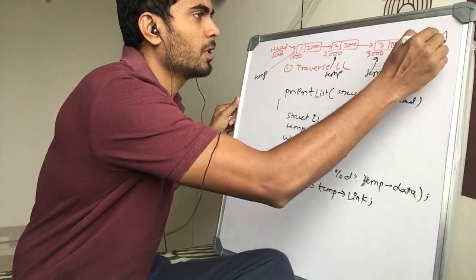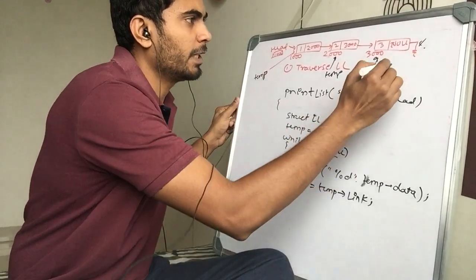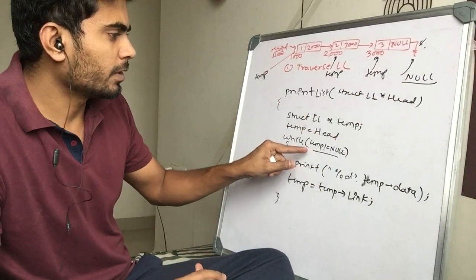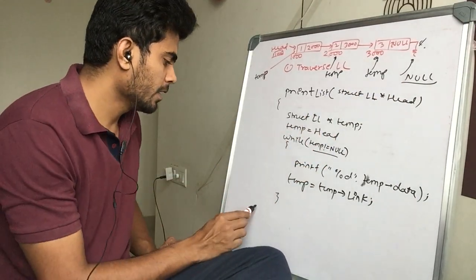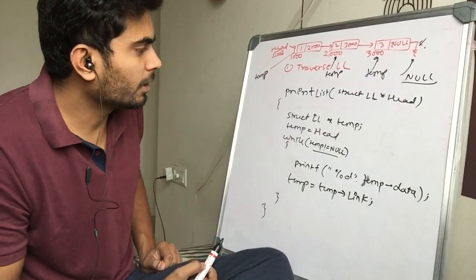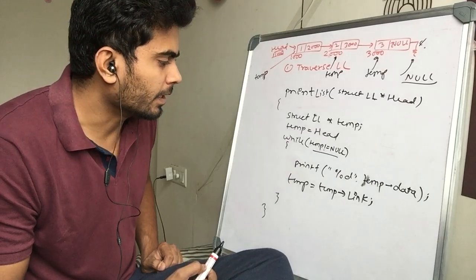So now this is temp which is null. When temp points to this which is null, this condition is false. Null not equals to null, false. So it comes out of this loop. Okay, and then we are done. Then we know that we have traversed every node in the linked list.